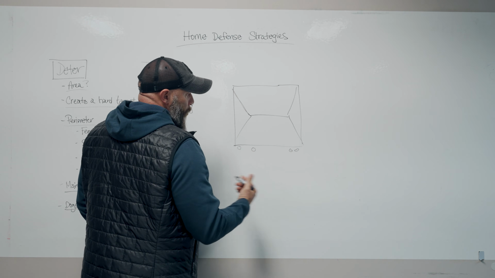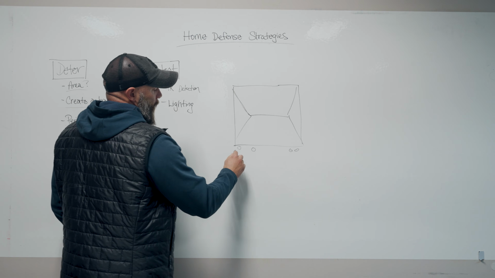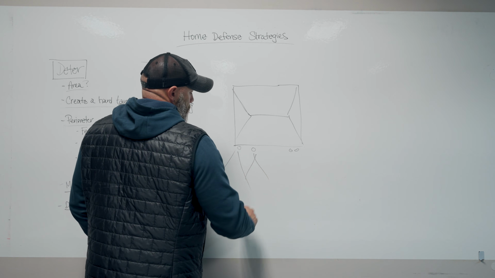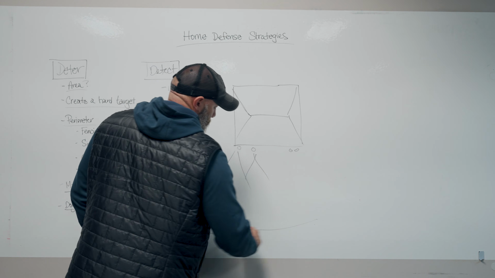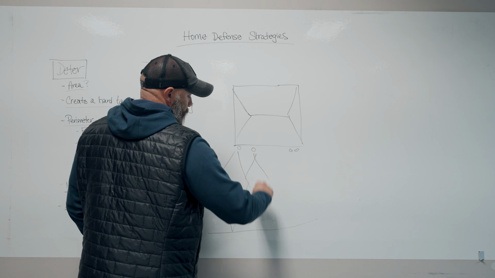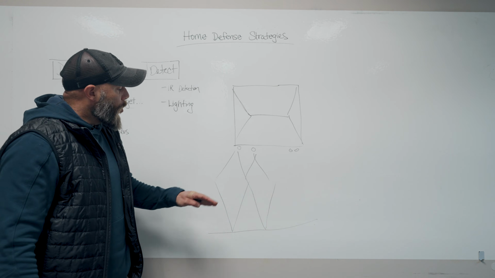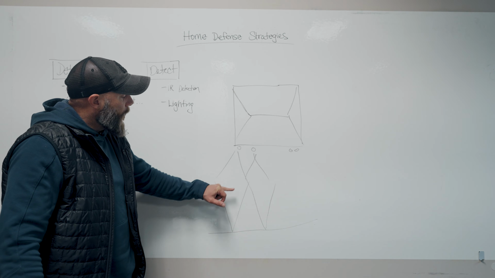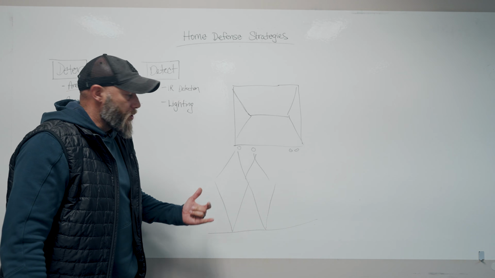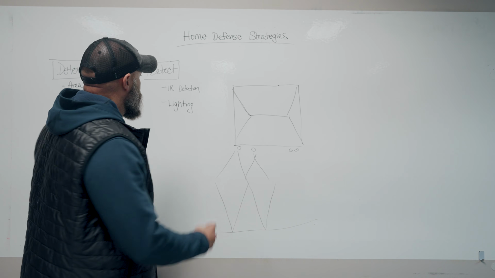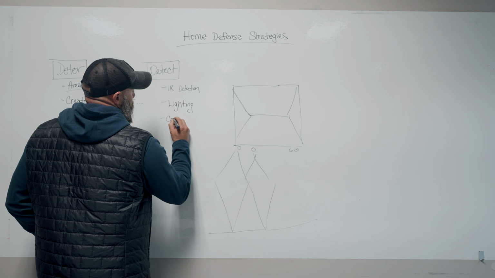But what I'd like to do is not just have lighting this way. If I can get lighting on that fence line that goes back toward the house and illuminates it from this direction, it's more difficult for an individual to gain access to the property without being in one of those lights. Obviously, where any of those lights are, there can also be cameras.